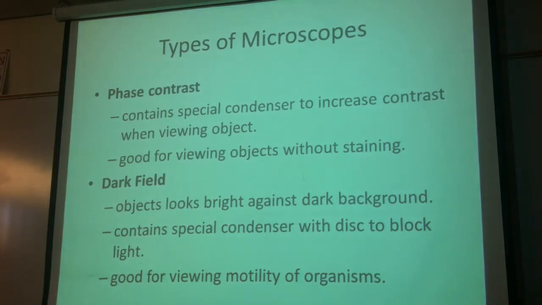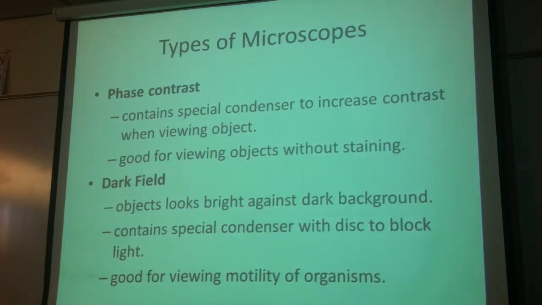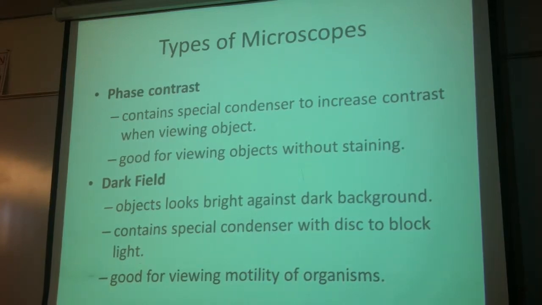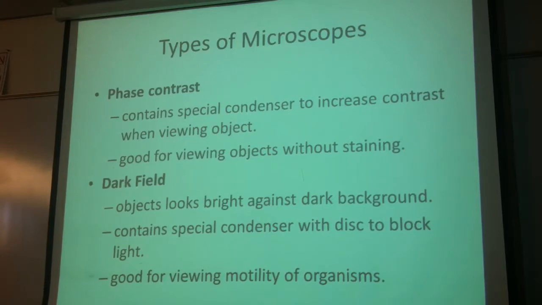Phase contrast contains special condensers to help you increase the contrast when viewing an object. This is really good for viewing things without a stain. There's also dark field, where your objects look bright against a dark background. This also requires a special condenser that blocks most of the light. This is when you're trying to look for motility of organisms, so if you're trying to actually watch them.